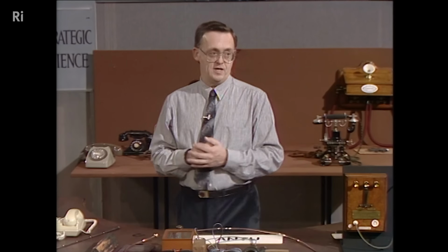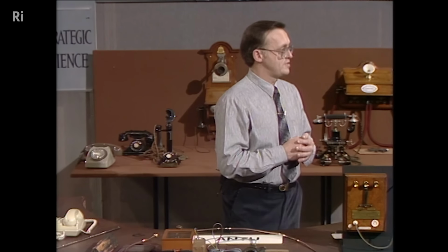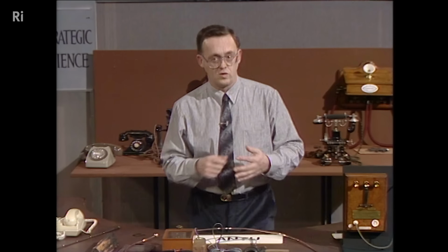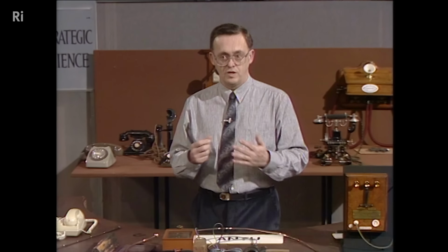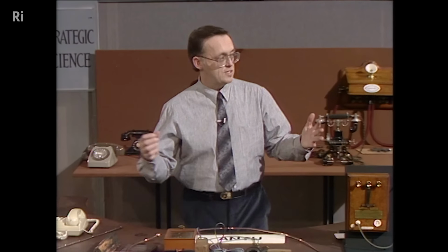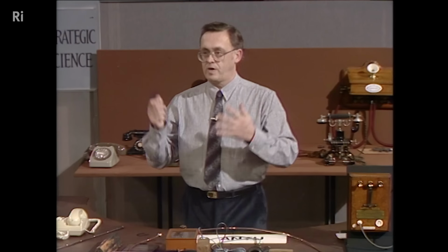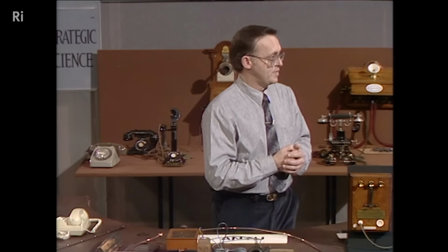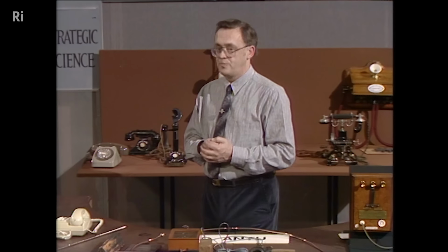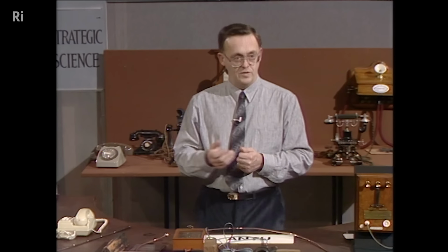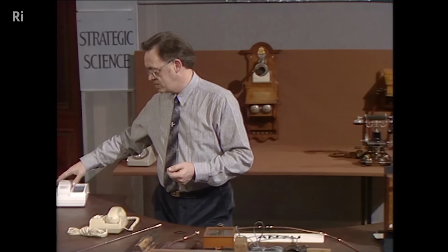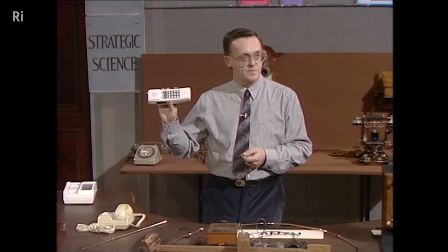But the dramatic change that has taken place in the last 5 or 6 years is cordless communications. We know now that you can communicate from a car, a moving plane, or from a train. And those of you who've seen the soap opera Bread will be very familiar with simple cordless telephones like this here.